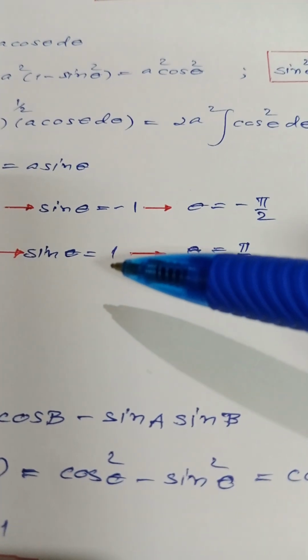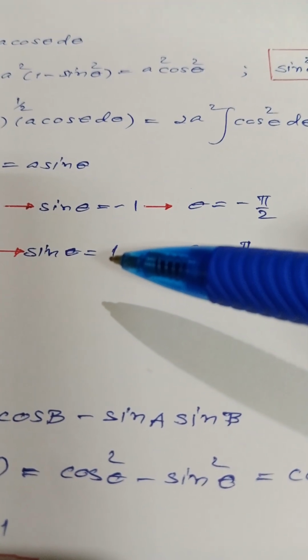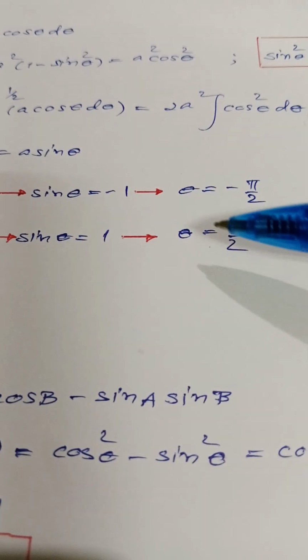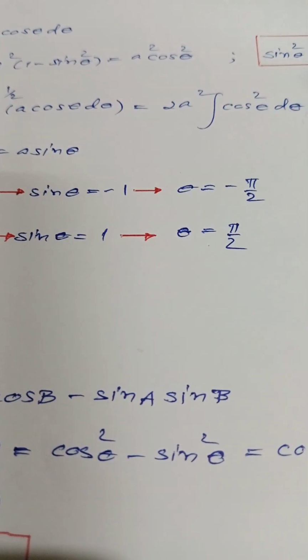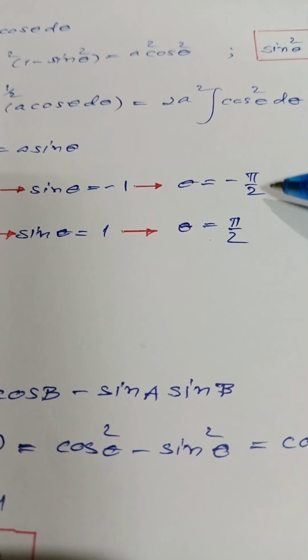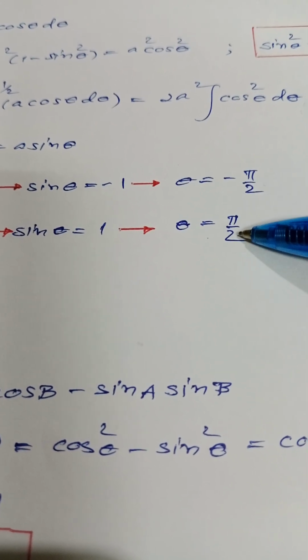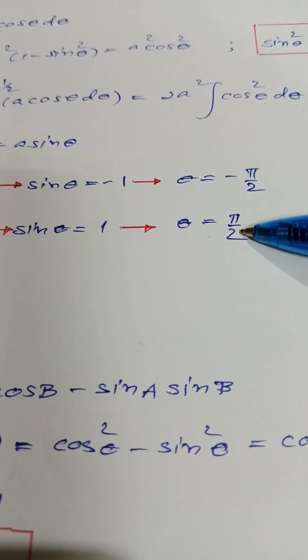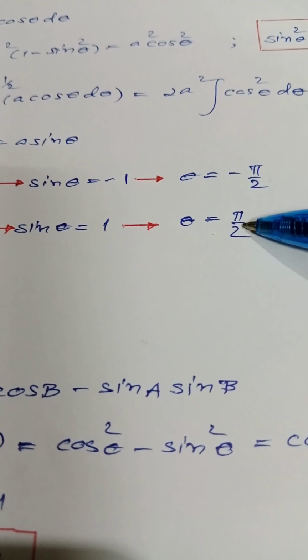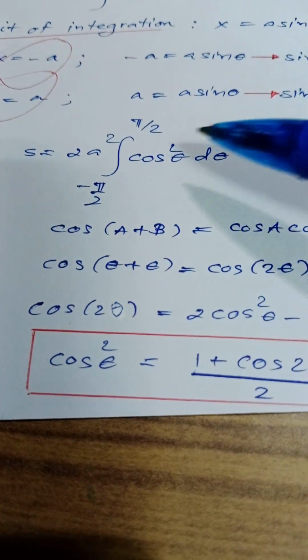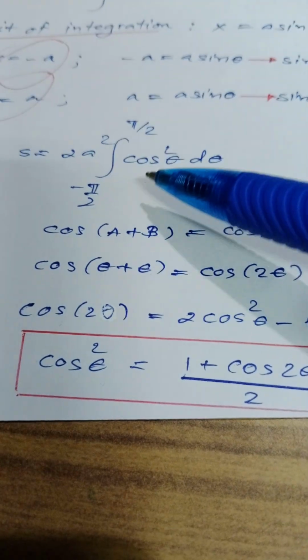And for x equal to positive a, your sine theta equal to 1, and then your theta equal to pi over 2. Okay, so you have a lower limit of theta equal to negative pi over 2, and an upper limit of theta equal to pi over 2. So you have something like this.